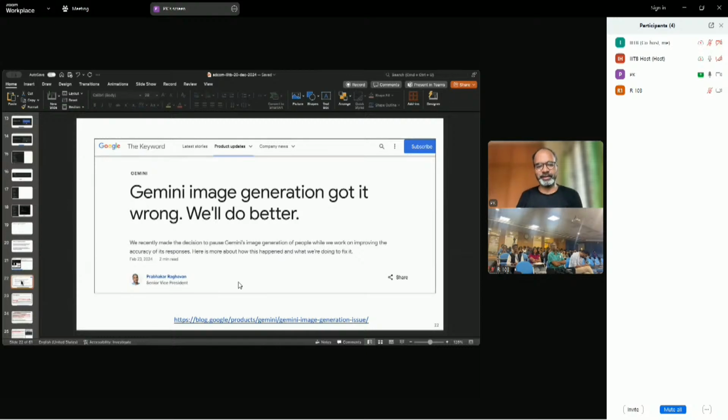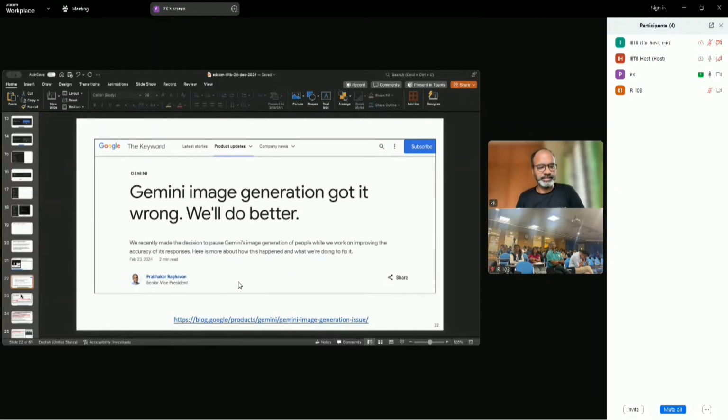Here's a big one which happened in February this year, where Google, some of you may have used Gemini, which is the vision model that I mentioned earlier. Google was trying to solve the problem I showed you earlier with the WhatsApp example, which is, if you ask for certain information, instead of producing one image of a doctor who is white, male, Caucasian, Western, and so on, why don't we just produce a set of 10 diverse images to give the user the flexibility for whatever they are looking for, if we are not able to make a judgment.